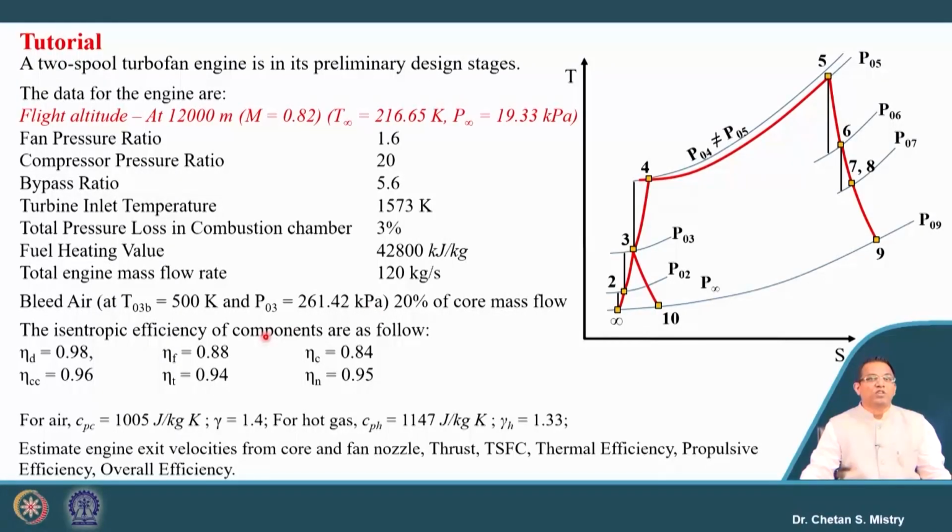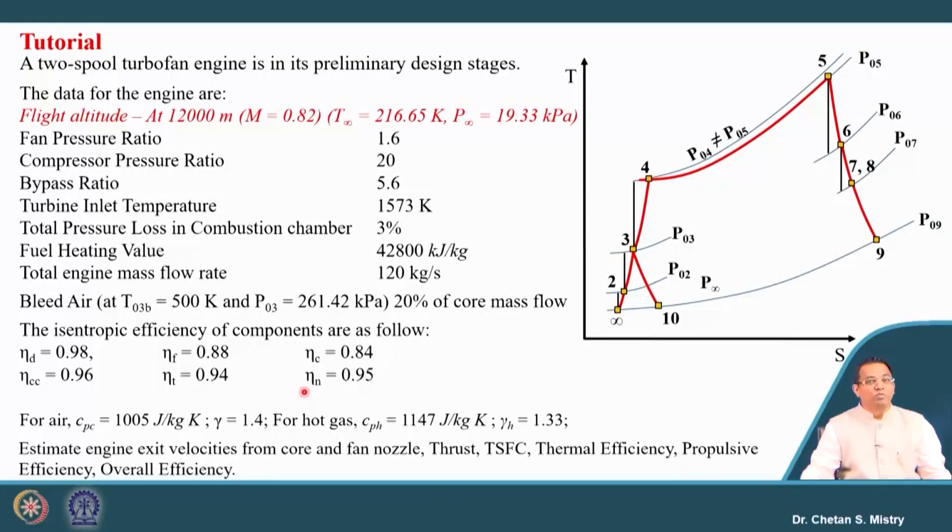In the same way, the isentropic efficiency of the components are 98% for the diffuser, 88% for the fan, and 84% for the compressor. Combustion chamber efficiency is 96%, turbine efficiency is 94%, nozzle efficiency is 95%.